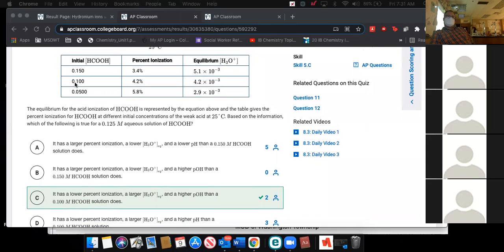So if we take a look here, 0.1 is 4.2%. So we should have a lower percent ionization of that and a higher pOH. Well, a lower pH is characteristic of a higher what? pOH. So that right there would be true.